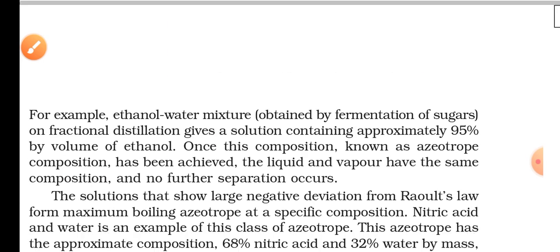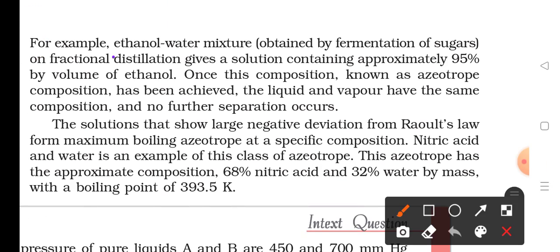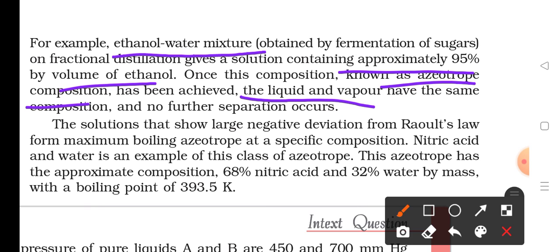And here we get some example, like ethanol water mixture is an example, okay. For example, an ethanol water mixture containing 95% by volume of ethanol is known as azeotrope composition, okay. And the liquid and vapor have the same composition and no further separation occurs, okay.